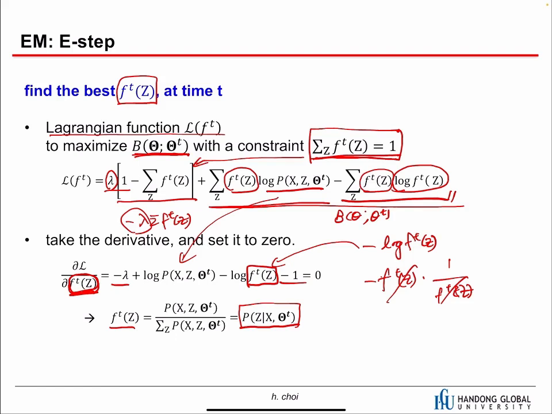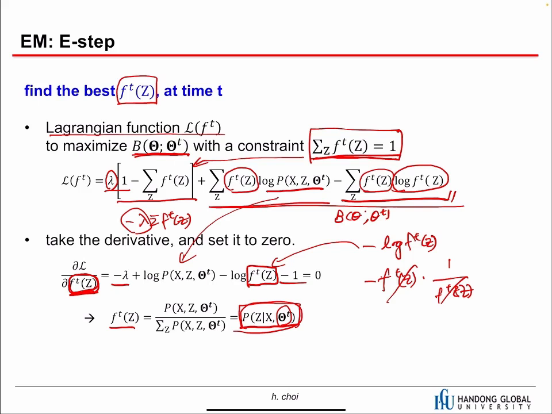So the best probability of z is the conditional probability of z given x and theta t. Theta t means the current parameter. In the k-means algorithm, the current parameter means current mean vectors. So given the current parameters, the best z.